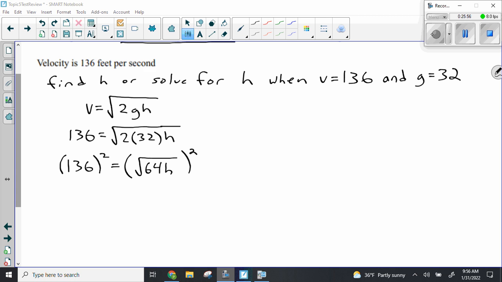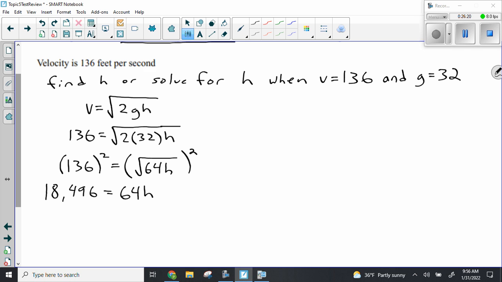I got out my handy dandy calculator, and I found that squaring 136 gives 18,496. Squaring the square root of 64h gets rid of my radical, my square root.